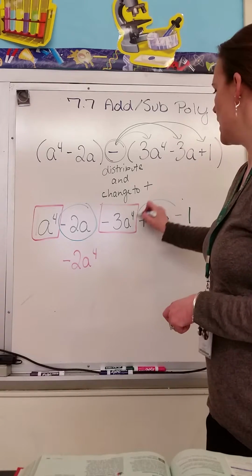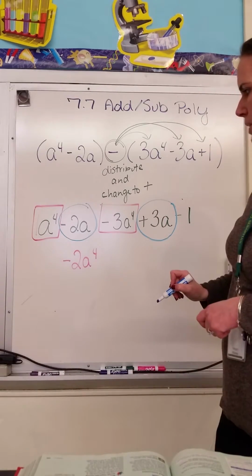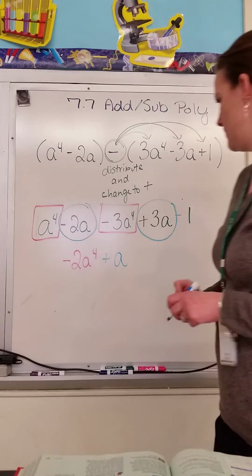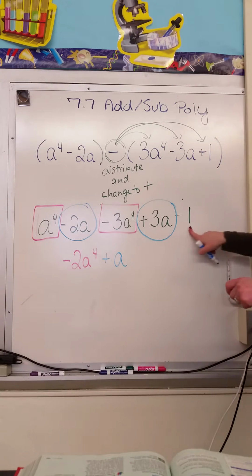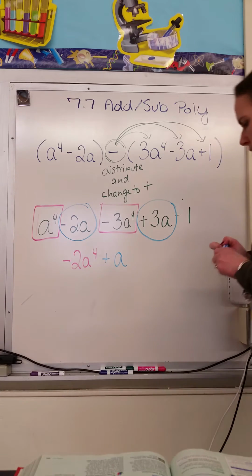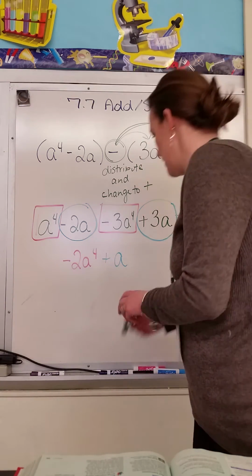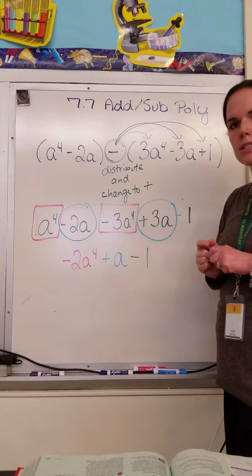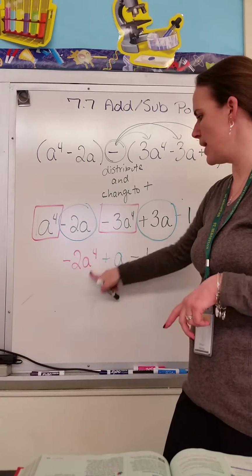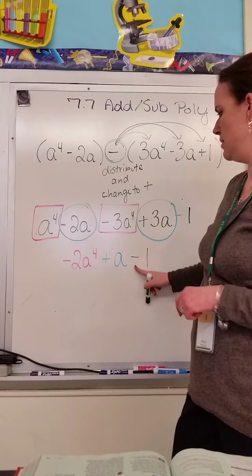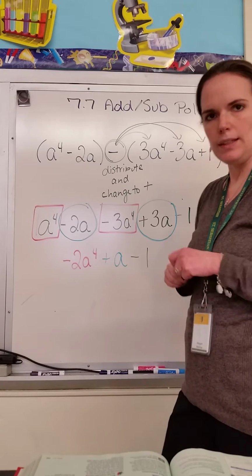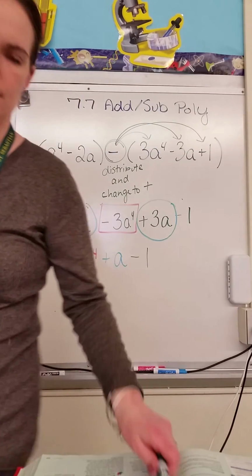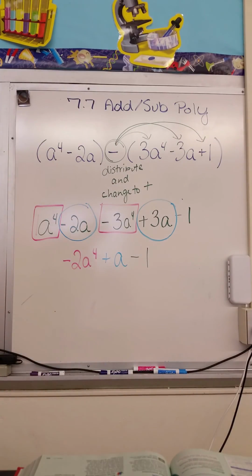I'm going to combine that with plus 3a. So then I have a plus a. And then this minus 1 has nothing to go with it, so it's really just going to get carried down onto the end. So your answer is negative 2a to the 4th plus a minus 1. And that is basically how you add and subtract polynomials.